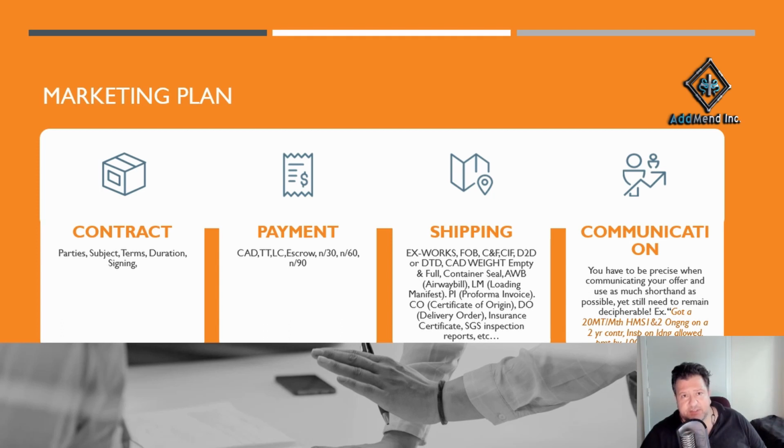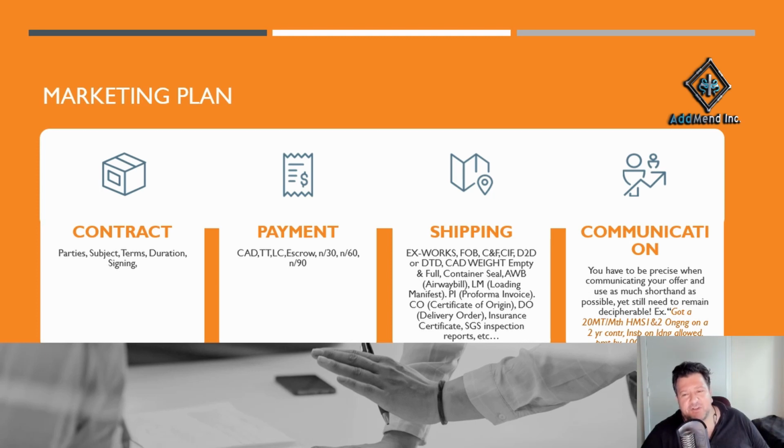Certificate of origin is the same. It's part of the international documents needed to ship a product. Certificate of origin, delivery order, insurance certificate, SGS, which are inspection certificates, and many other reports and certificates, and other lingo.